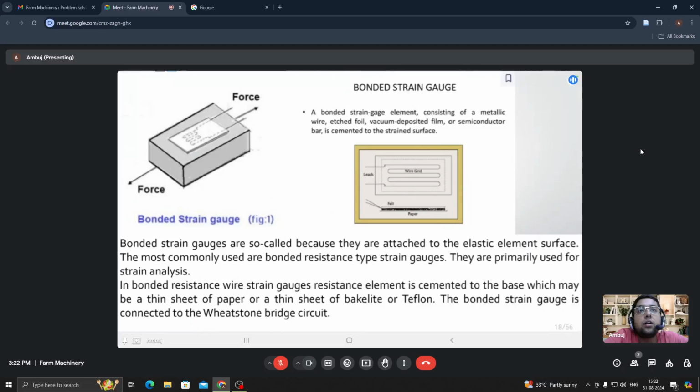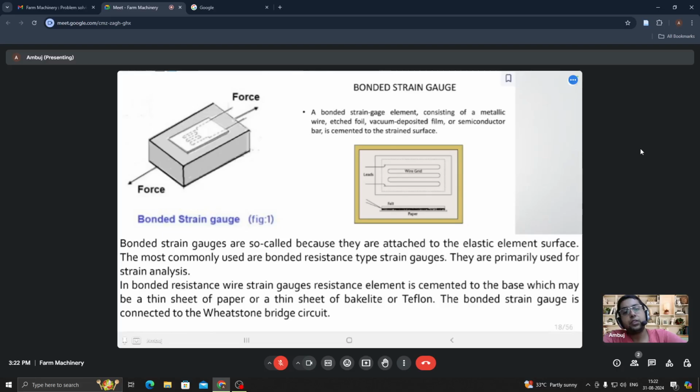The most commonly used are the bonded resistance type strain gauges, primarily used for strain analysis. In bonded resistance wire strain gauges, the resistance element is cemented to a base, which may be a thin sheet of paper, bakelite or Teflon. The bonded strain gauge is connected to the Wheatstone bridge, and we can directly measure the amount of strain on the system.